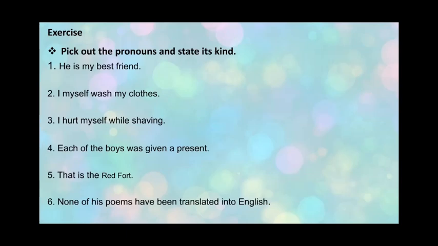So, the pronoun is he and the kind is personal pronoun. Second, I myself wash my clothes. So, in this we have I as the personal pronoun and myself as the emphatic pronoun.